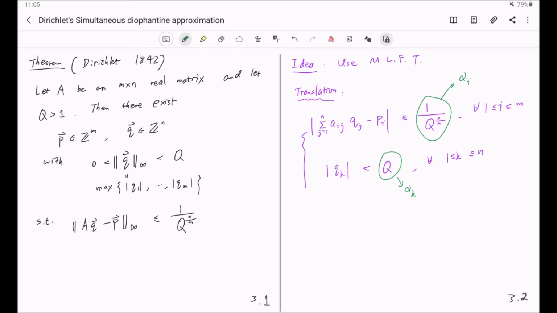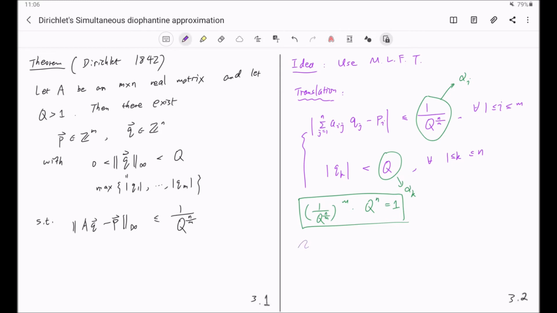And you observe that in this situation, those alpha_i's and those alpha_k's will have the product equal to 1, because if you raise this guy to the power m and raise this Q to the power n, you get precisely 1. This allows you to use that corollary of the linear form theorem.